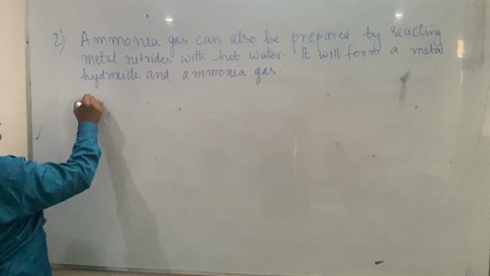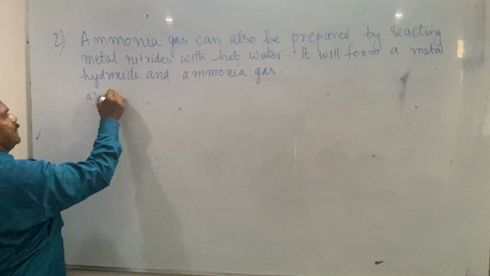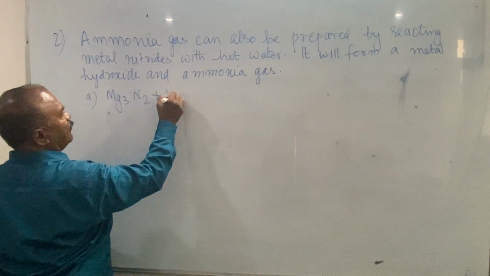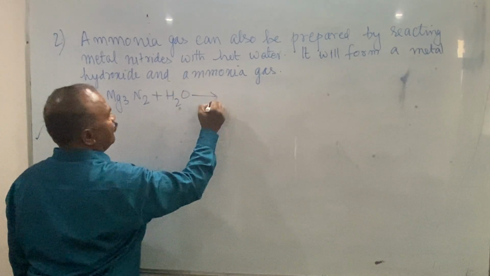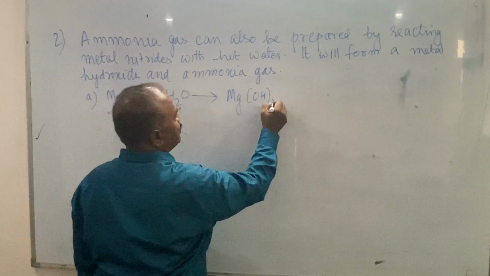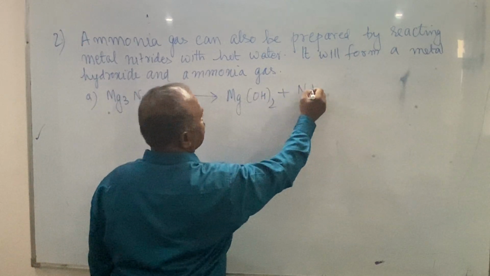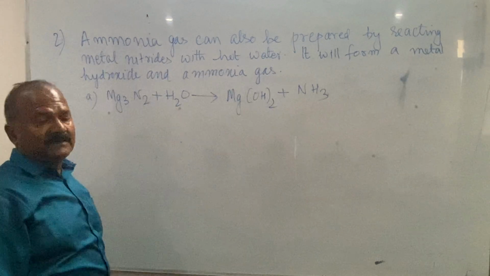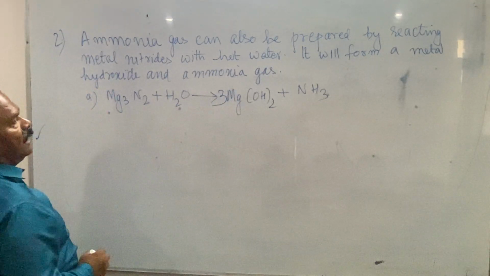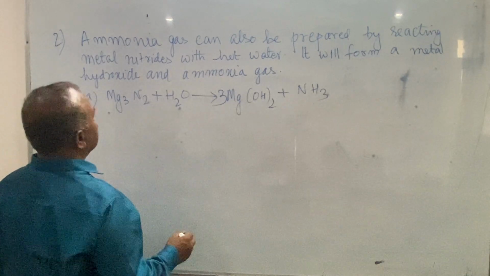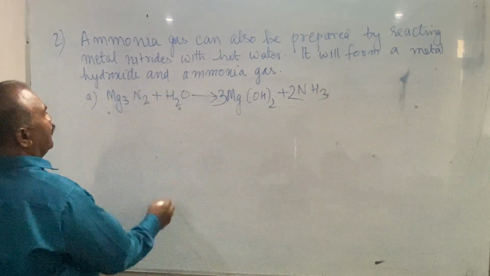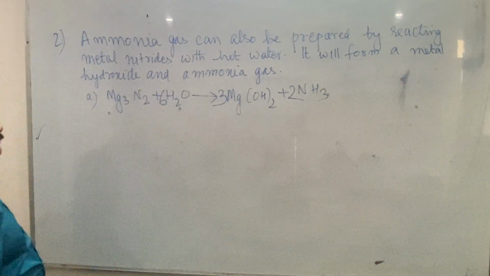So the first one, Mg3N2, magnesium nitride, when reacted with hot water, will form magnesium hydroxide, Mg(OH)2, plus NH3. Now you have to balance it. For balancing, you just need to put 3 over here, 2 over here and 6 over here. That's it.